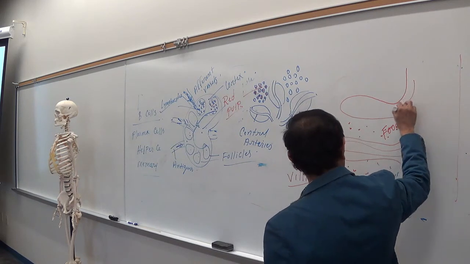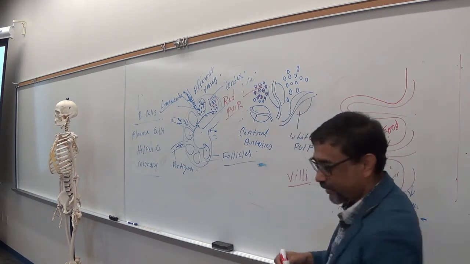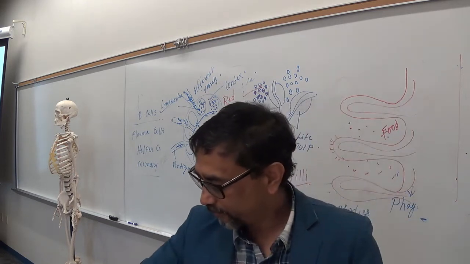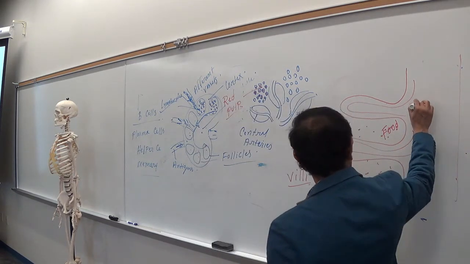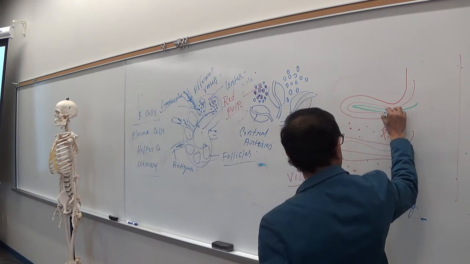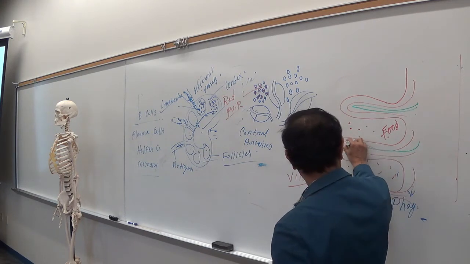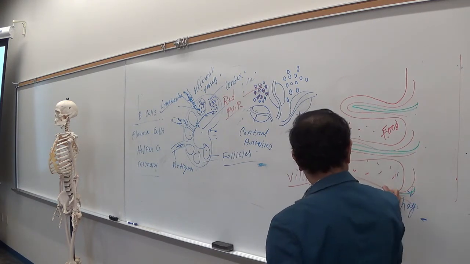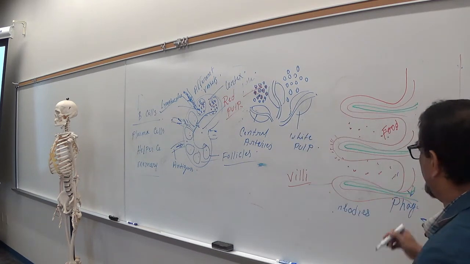So these are blood capillaries as well as lymph capillaries. This is the lymph capillary, the green one, okay? So both blood capillaries and lymph capillaries are there.